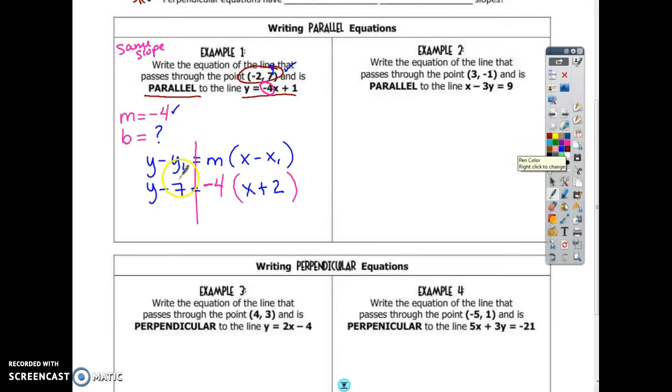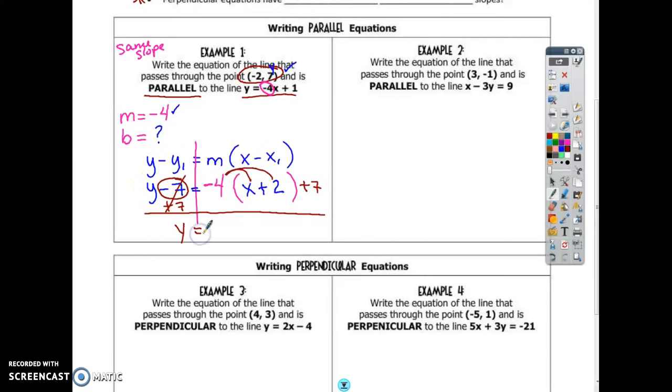So I'm going to move this -7 to the other side by doing +7, right? So that it cancels. And I'm also going to distribute the -4 to the stuff inside the parentheses. Okay? So what does it leave me on the left side? Just y.